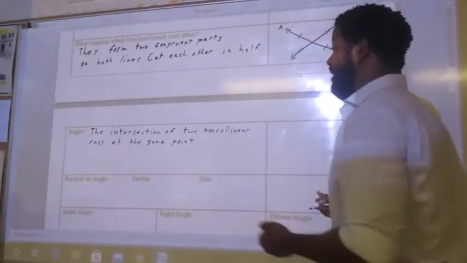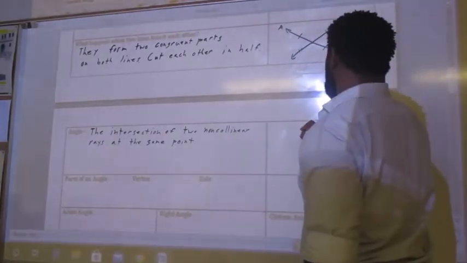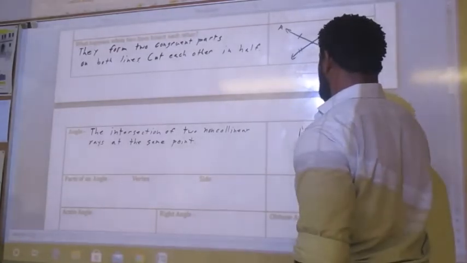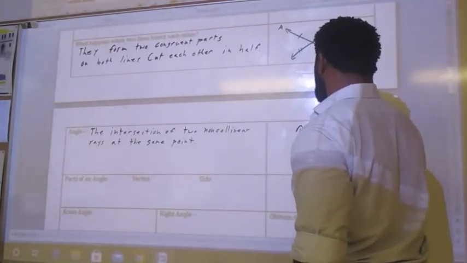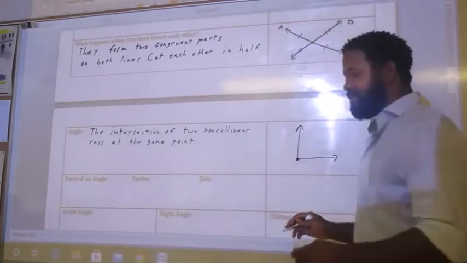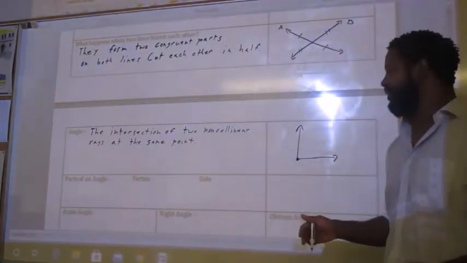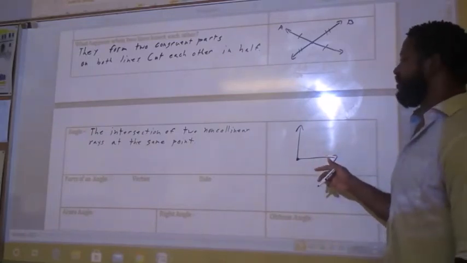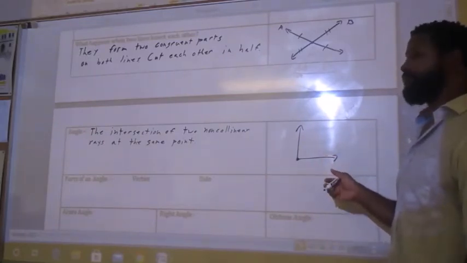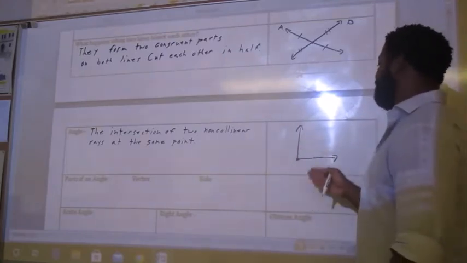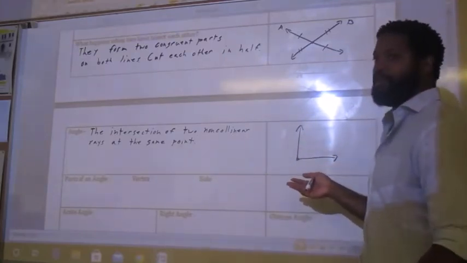Well, what does this look like? It just looks like this. I'm gonna just keep drawing the right angle because that's the easiest way for kids to comprehend. Okay, these are two rays. And the reason why they're non-collinear is because you might not even have any other points on this.